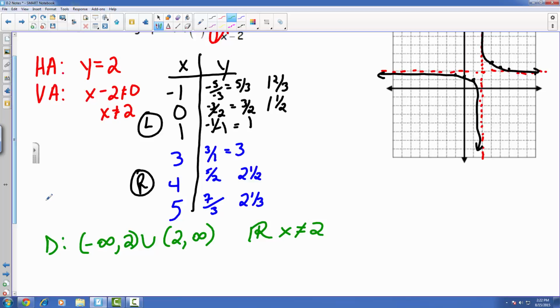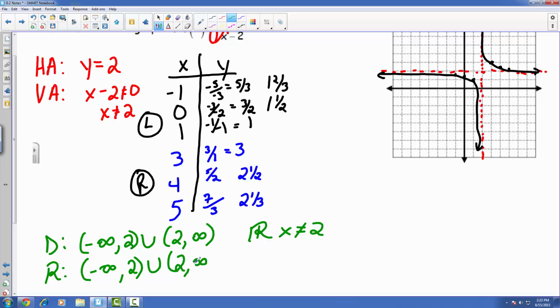For our range, pretty much follows that same scenario, but just with the y values. This is going down toward negative infinity. It's approaching that horizontal asymptote of 2. And then it will resume just above 2 and go upward toward infinity.